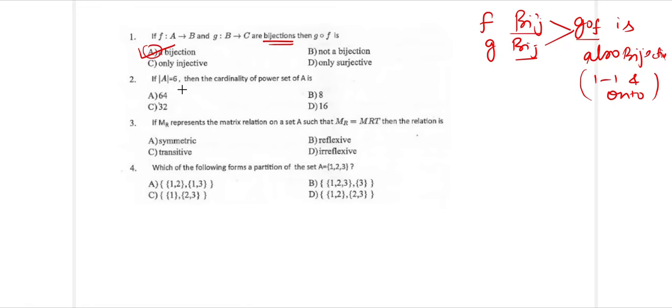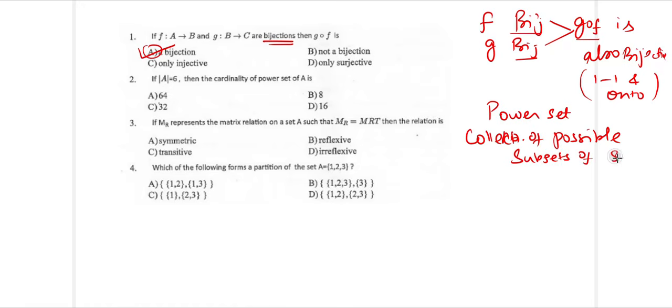If A contains 6 elements, what is the cardinality of the power set of A? What do you mean by a power set? Power set is the collection of all possible subsets of your given set.